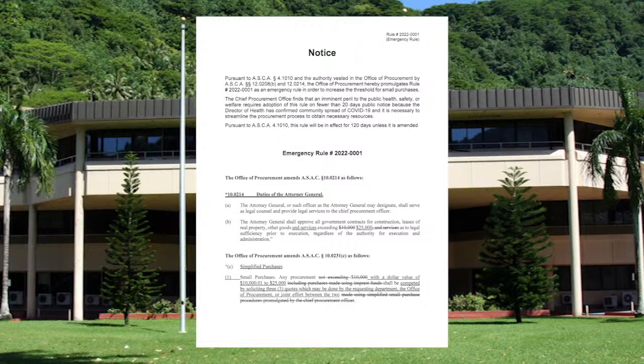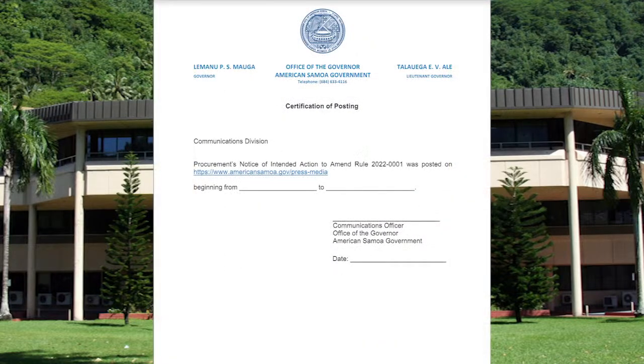The Office of Procurement amends Section 100231C as follows. Simplified small purchases. Any procurement with a dollar value of $10,000 to $25,000 shall be completed by soliciting 3 quotes, which may be done by the requesting department, the Office of Procurement, or a joint effort between the two.